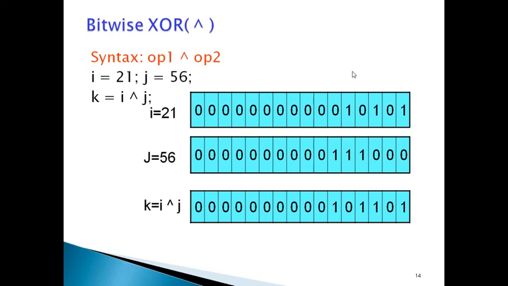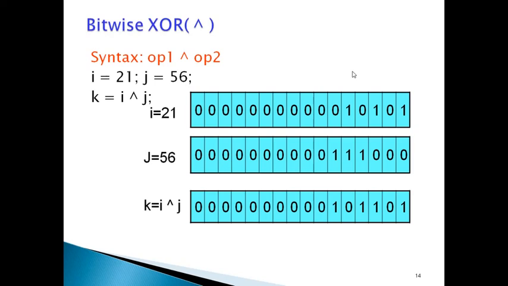Fifth bit, at the fifth position, 1 XOR 1. As per the XOR rule, it returns 0 because both inputs are the same, so it returns 0 only.